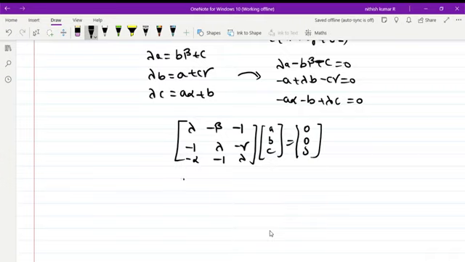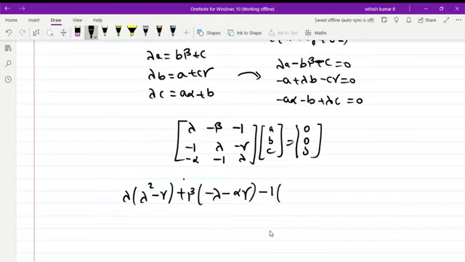Just apply the determinant formula: lambda into lambda square minus gamma, plus beta into minus lambda minus alpha gamma, minus 1 into 1 plus alpha lambda, which is equal to 0.